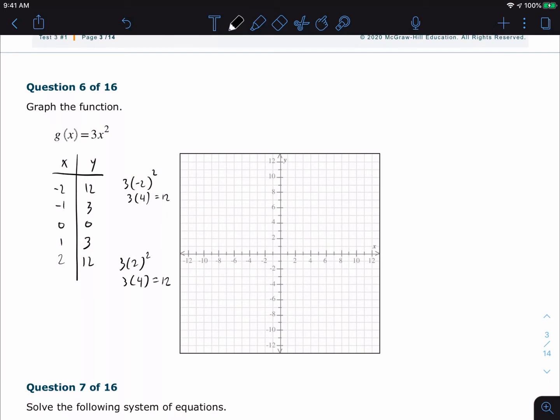No, it makes sense. And after I did it a lot of times, I caught on to the same thing. Yeah, it's a pattern. There's an axis of symmetry is what it's called. So in this example, I'm going to go 0, 0, 1, 3, -1, 3, and then 2 is going to be 12, and -2 is going to be 12.